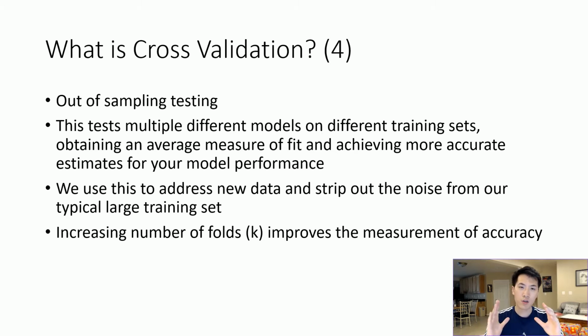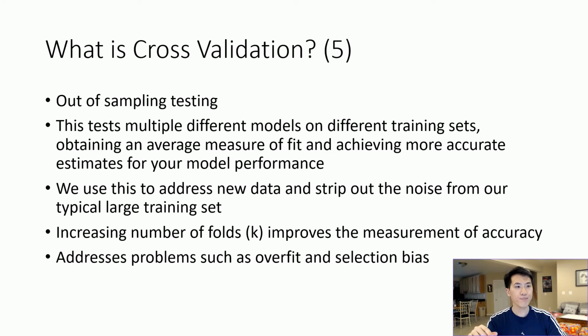So we increase the number of the measurements of our accuracies via k-folds, where k is essentially just the number of subgroups that we have in our data. And as I said previously, this addresses overfit and selection bias, so you have to use cross-validation in order to have a more robust model to predict incoming data.